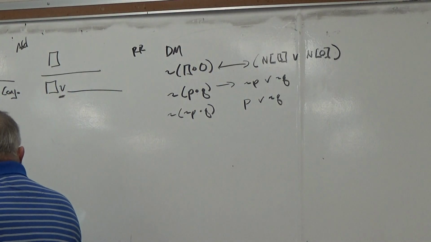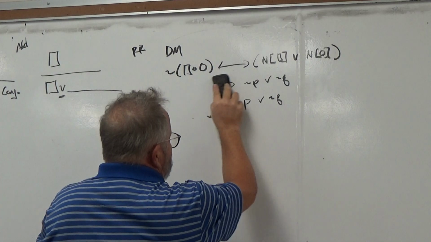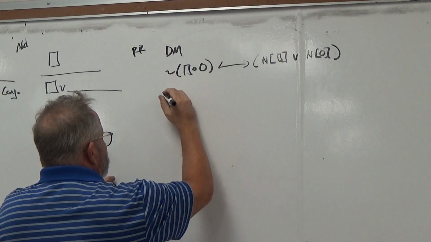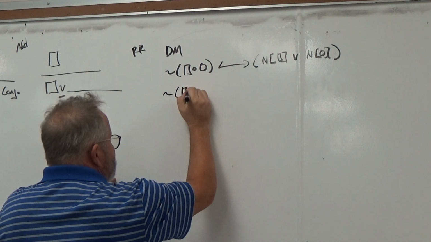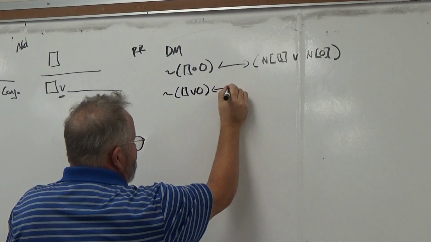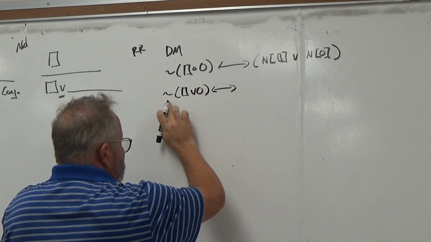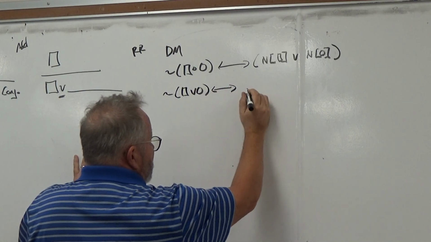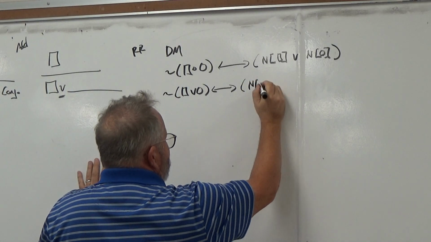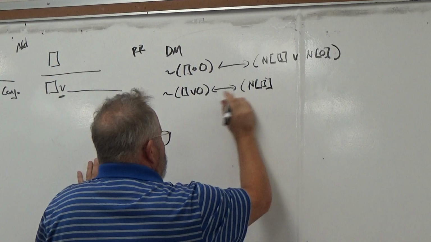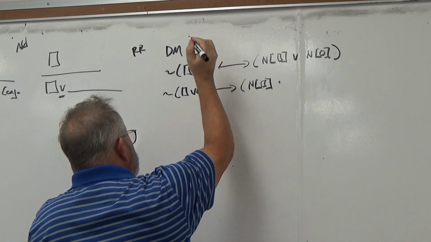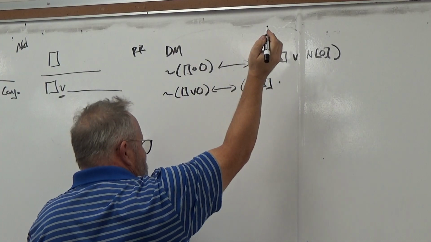Now, you can do De Morgan's on negated conjunctions. You can also do De Morgan's on negated disjunctions, okay? And the pattern is the same. You get the opposite of the first thing, so not, or the opposite of box, or changes to and. So in De Morgan's, ors change to ands and ands change to ors.